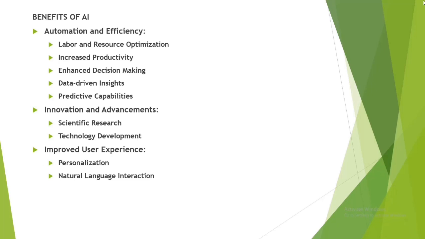And then next, innovation and advancements. There are benefits in scientific research and technology development. Scientific research, in the sense, it will accelerate discovery by analyzing complex data sets, simulating scenarios, and generating hypotheses in fields such as drug discovery and material sciences.